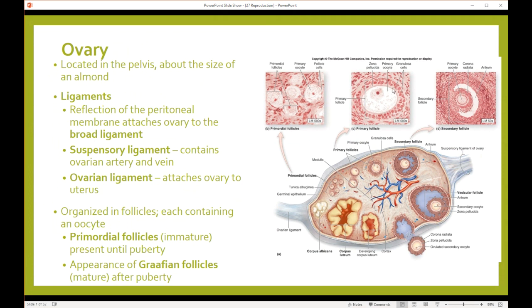Then we start to see the appearance of Graafian follicles. Those Graafian follicles you should see in lab looking under the microscopes or looking at images under a microscope now. And you should see those Graafian follicles start to mature. You can see there's primary follicles right here, secondary follicle, and we're going to start to see the Graafian follicle there.